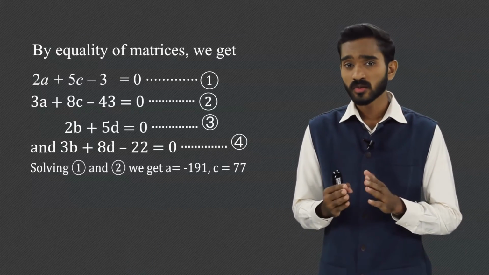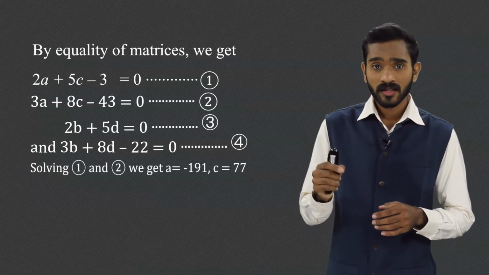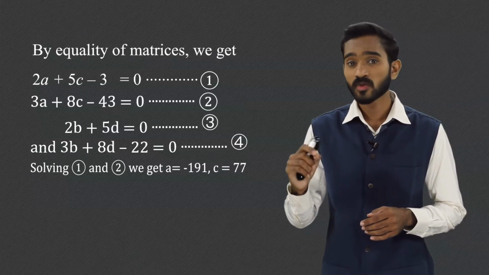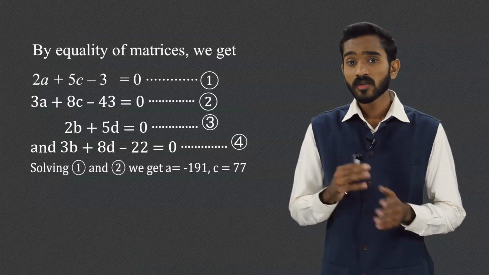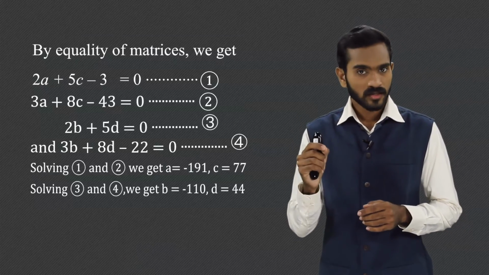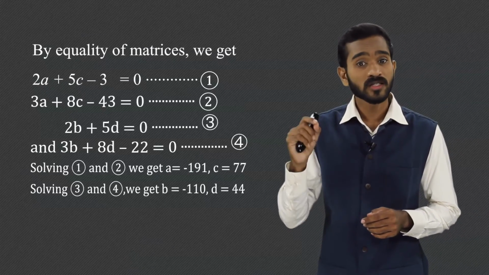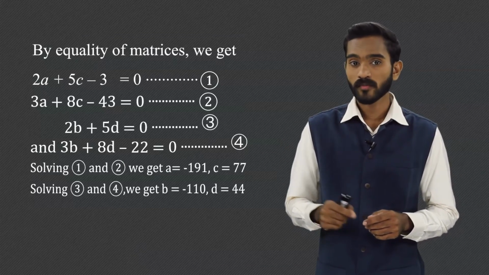Solving equations 1 and 2, we get a is equal to minus 191, c is equal to 77. Now solving equations 3 and 4, we get b is equal to minus 110, whereas d is equal to 44.